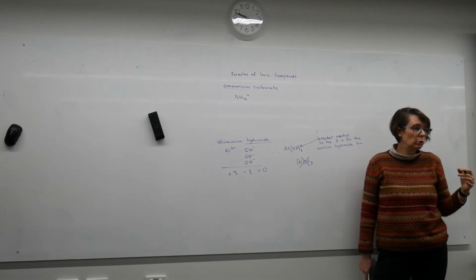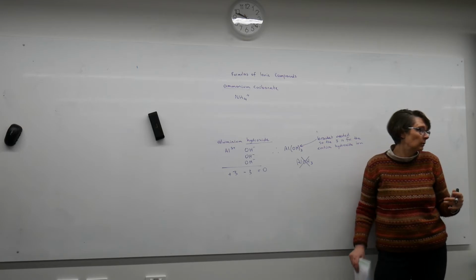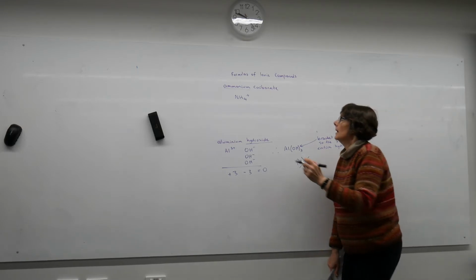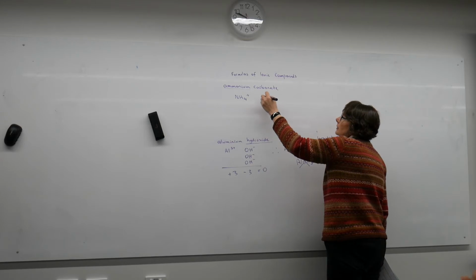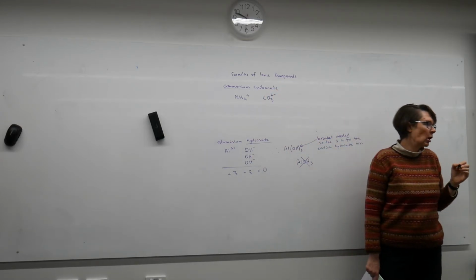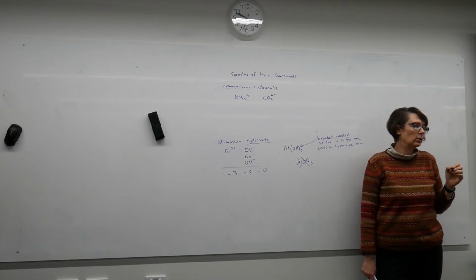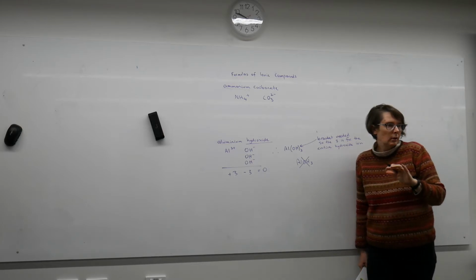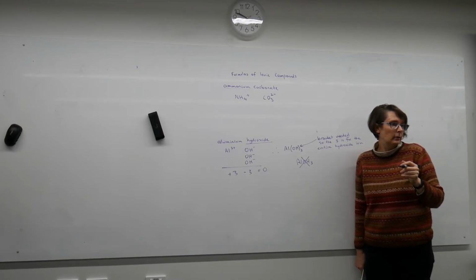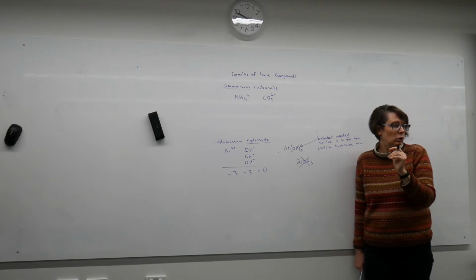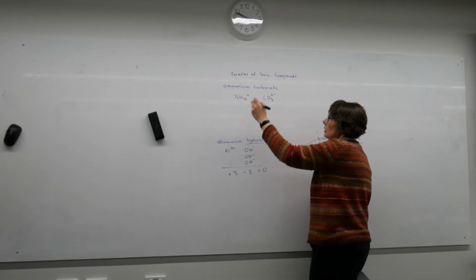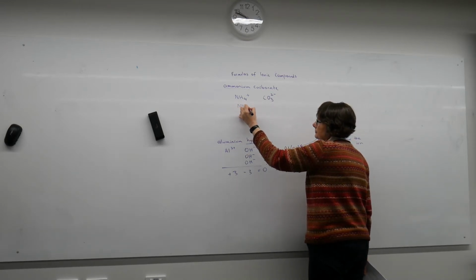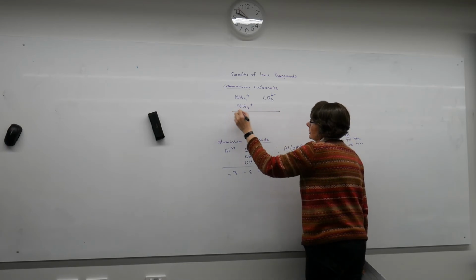Okay, so it's unusual, but you have to learn this one, or you have to be able to use this one. And the carbonate ion. Okay, it's also a complex ion, and we find it on our formula sheets, and we can see now that I need to balance the other way around. The ammonium ion has a single positive charge, and the carbonate having a 2 negative charge means I need 2 ammonium ions to balance this.